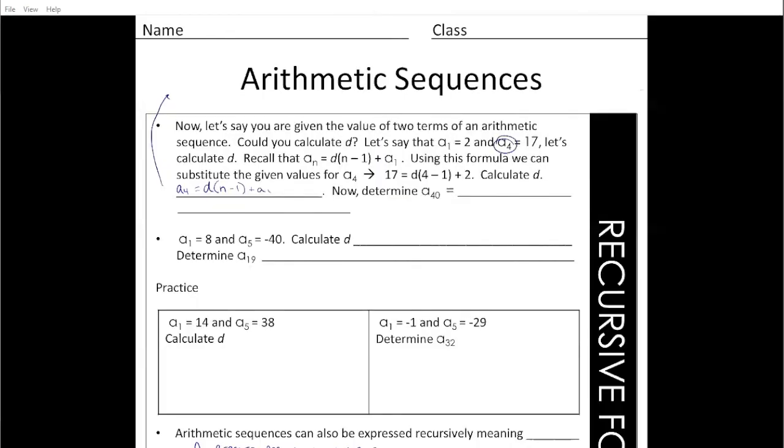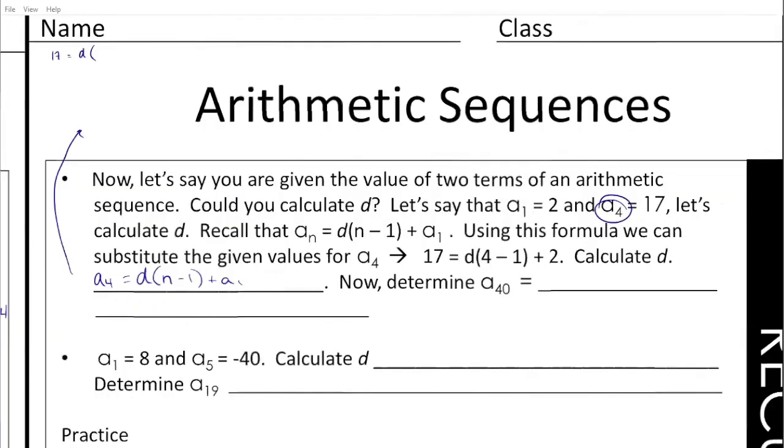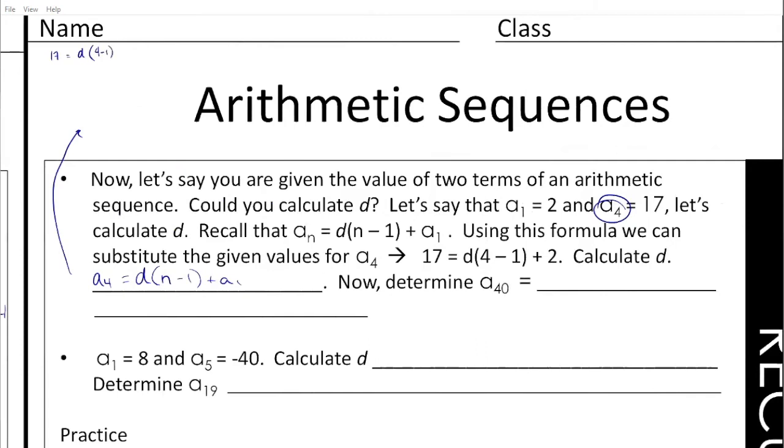All right, so A4 is 17. D is our unknown, and we're on the fourth number, so we're substituting a 4, and then plus A1, which was 2.